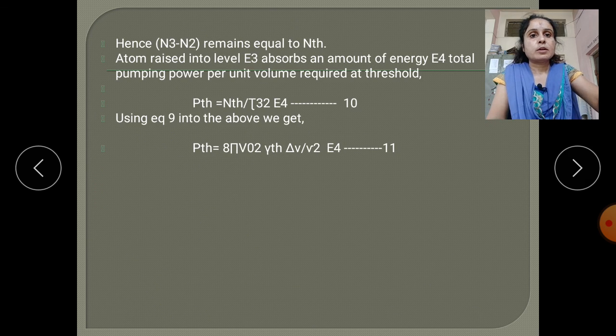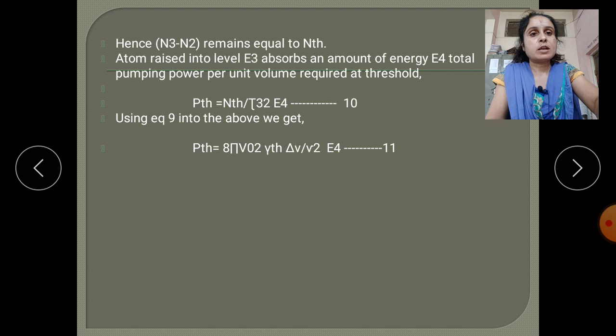So, next we define, hence we can prove that in that expression N3 minus N2 remains equal to the threshold value NTH. So, the atoms raised into level E3 absorb the amount of energy of E3.